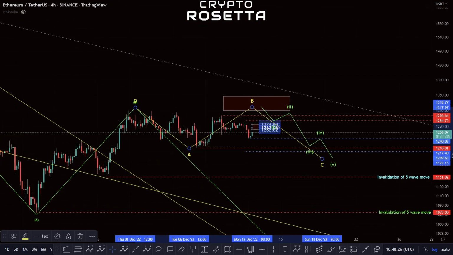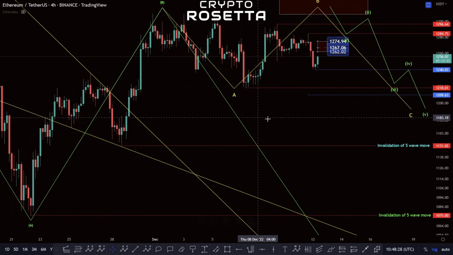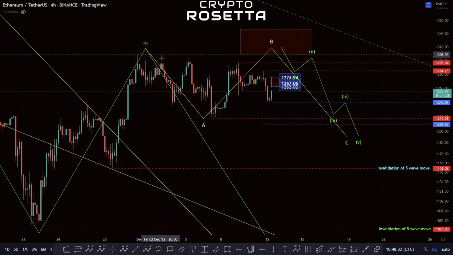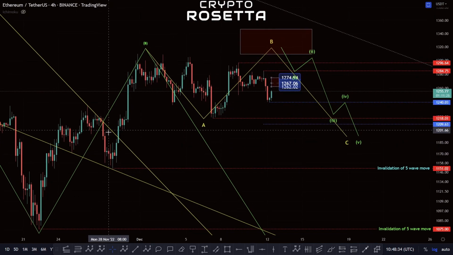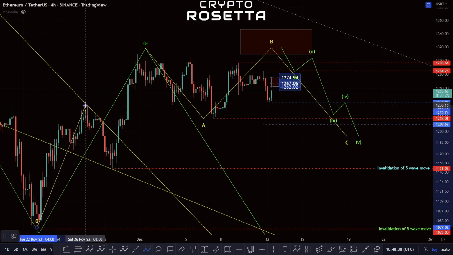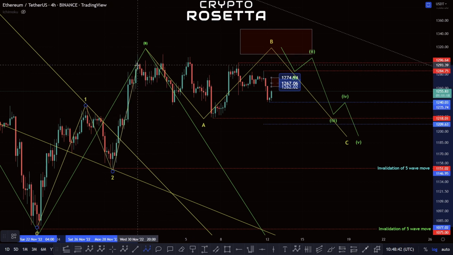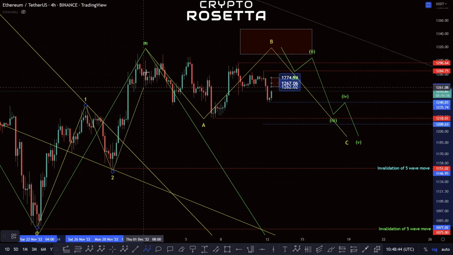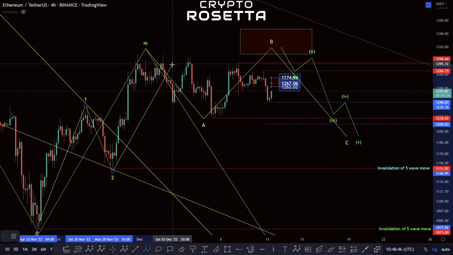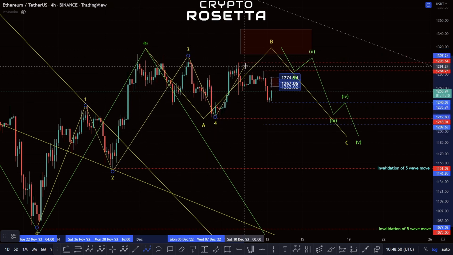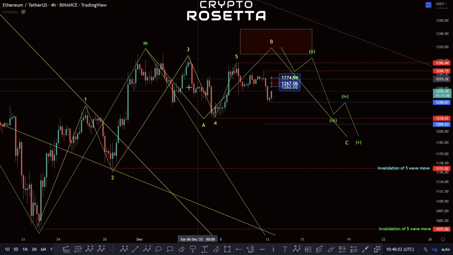So if we zoom back in here, I don't really like the structure on it that much, to be honest with you, but we can argue that potentially we have a 5-wave move into there. One, two, this would be 1, 2, 3. So up into this point, down into here, and then a 5th wave in there.